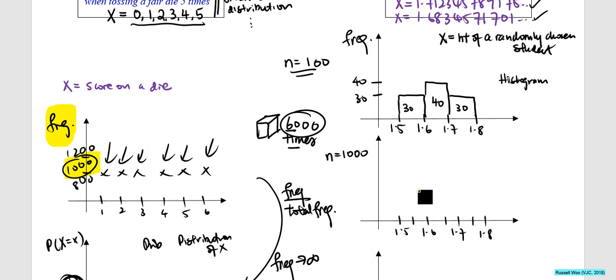So I have more strips. Maybe I will have 120 here, 180 here, 200 here, 200 here, 180 here, 120 here.